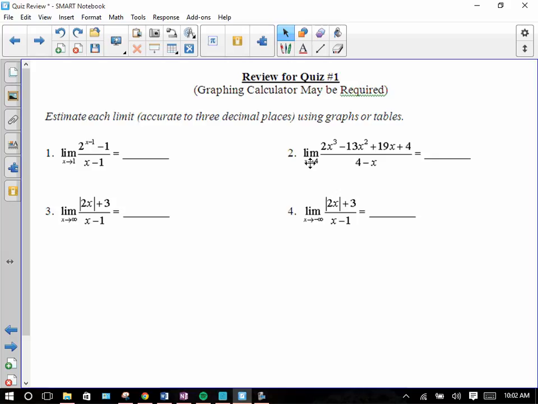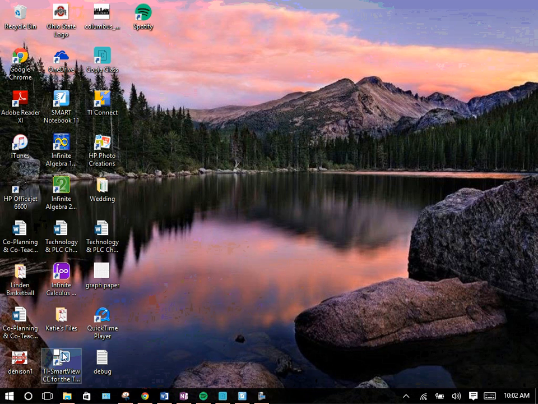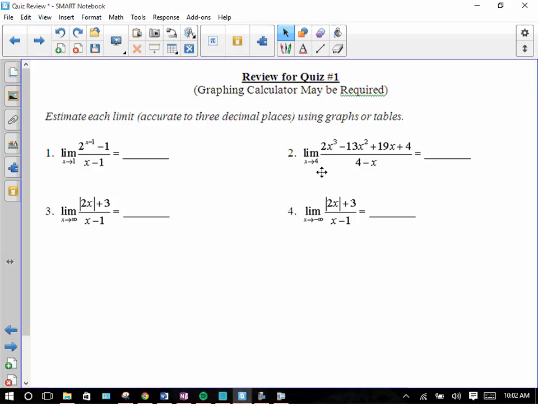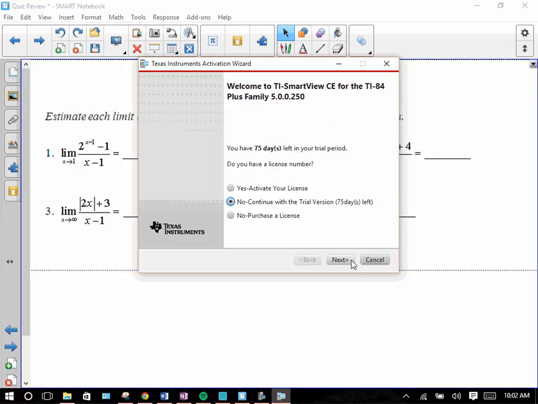Now, to do this, you just type it in your calculator, and if you're looking at as x approaches 4, I set your calculators up so you just need to look at the table and it'll tell you which number it's getting close to. Because you're estimating to 3 decimal places.